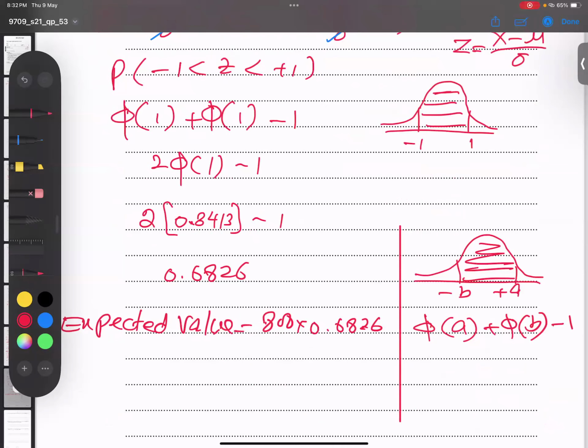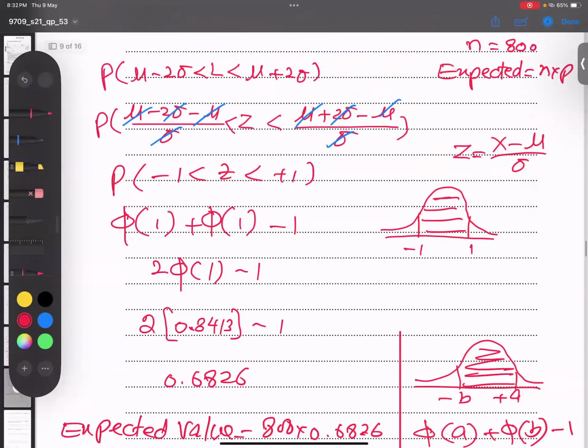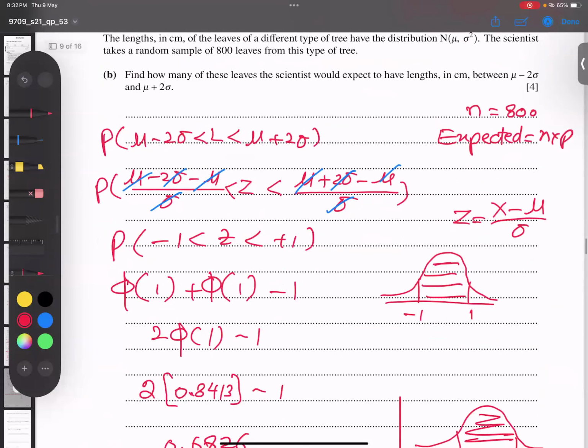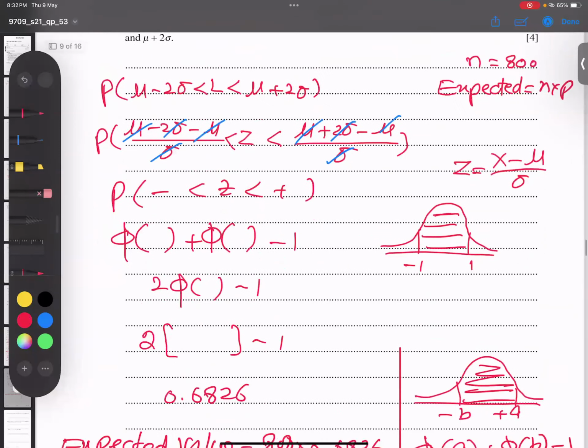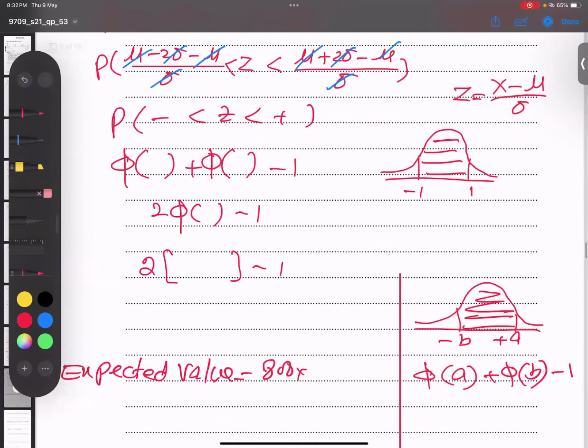Let me check again. Is it the correct value? Let me check once again. Hold on. Oh, sorry, this is the 2, students. I missed this 2. Sorry, students, so this answer is wrong. This is wrong as well.